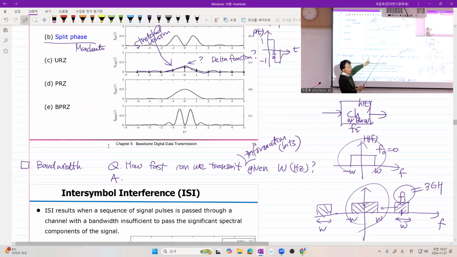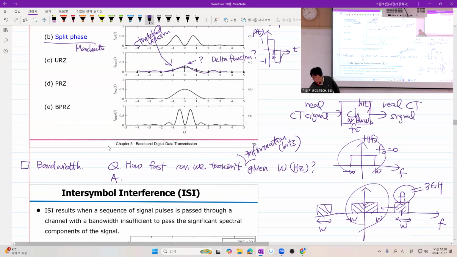In this question, I'm just asking, suppose you have a mathematically equivalent real signal in, real signal out, band limited channel, of course with continuous time signal input, with bandwidth W. Now, given that bandwidth, how fast can we send our data symbols?